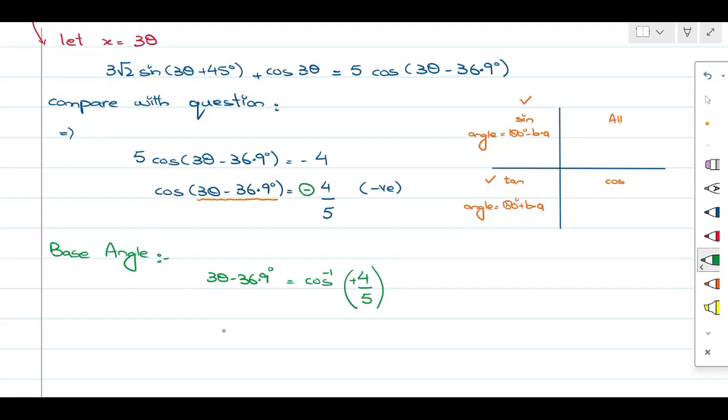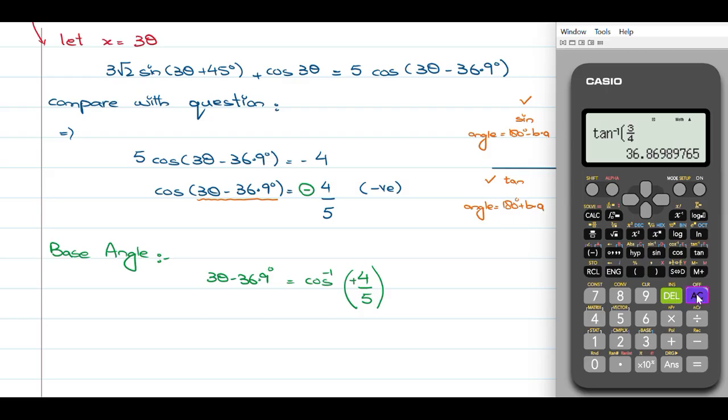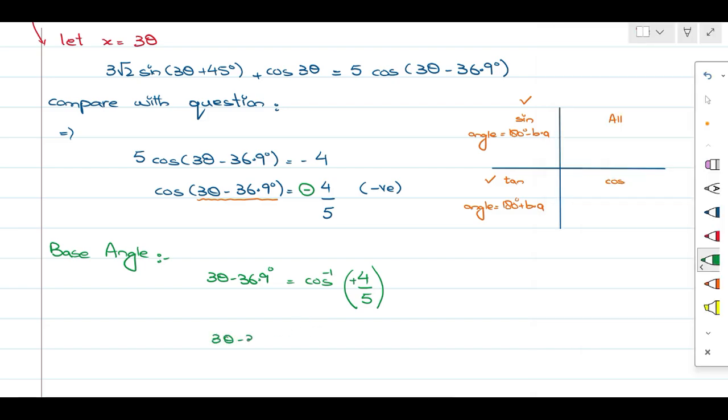Now let me figure out the answer in degrees; my calculator is in degrees. Cos inverse of 4 by 5 is 36.86, so 36.9 degrees, or up to 2 decimal places 36.87. So 3 theta minus 36.9 degrees equals 36.87 degrees. That is your base angle.